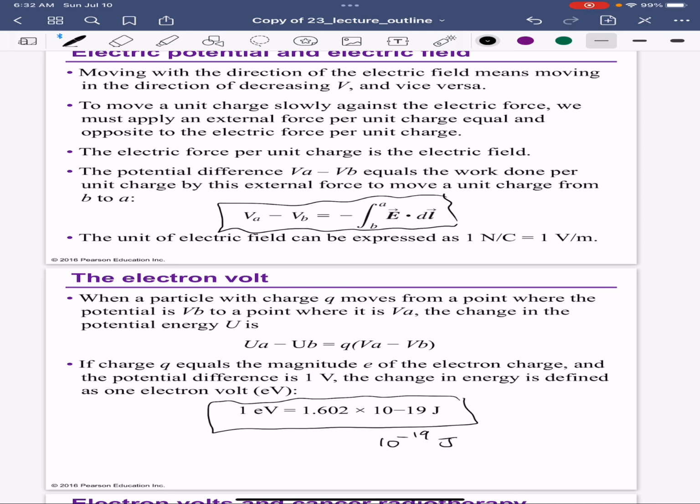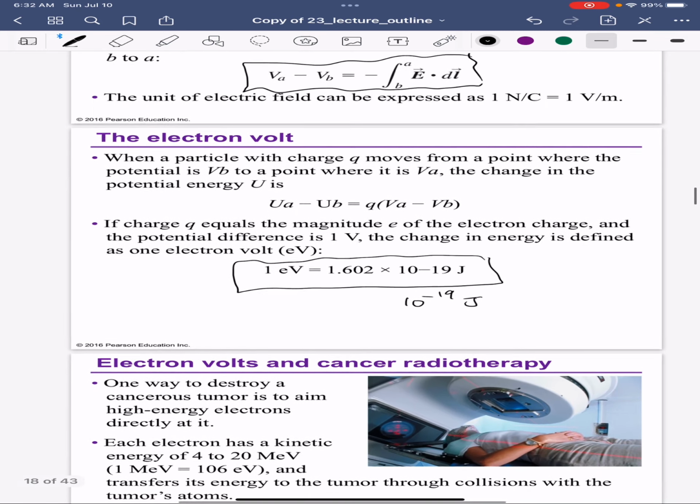This is the electronic charge, the charge of the electron, and this is how we convert between joules and electron volts. Also, when a particle with a charge Q moves from a point where the potential is VB to a point where the potential is VA, the change in the potential energy, UA minus UB, equals Q times VA minus VB.